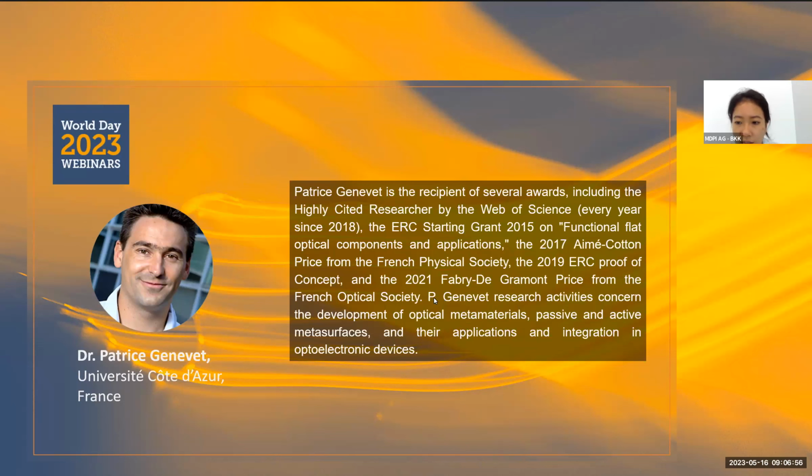Dr. Genevet's research activities concern the development of optical metamaterials, passive and active metasurfaces, and their applications and integration in optoelectronic devices. He owns 6 patents, more than 100 publications, and has an H index of 48 from Google Scholar.